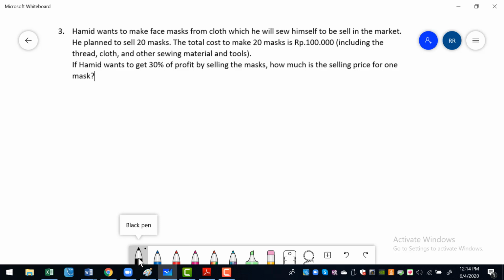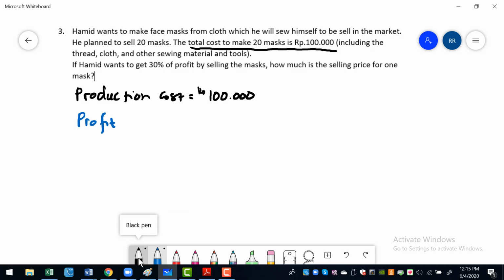Because in here we have the total cost to make 20 masks is 100,000, the production cost is 100,000 rupiah. And then he wants to get 30% of profit by selling the masks. So the profit will be equal to 30% times the production cost, which is 100,000 rupiah.